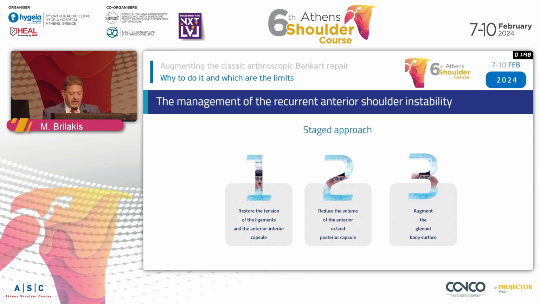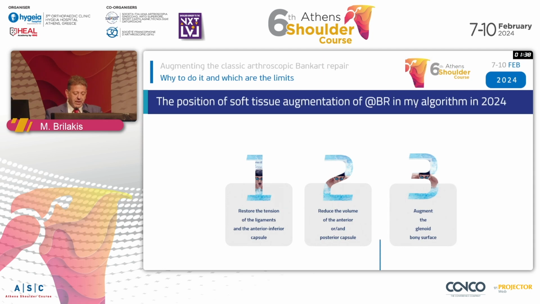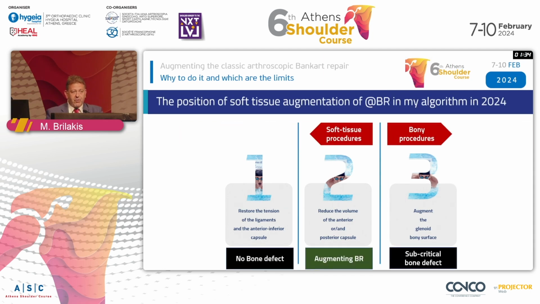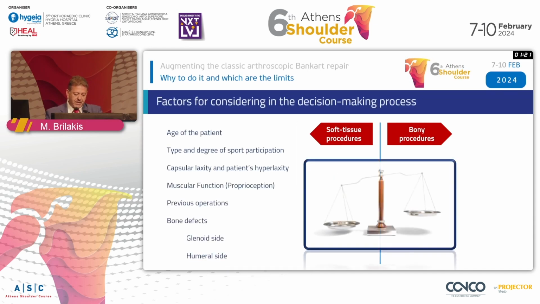So there is always a point where we should augment the glenoid bony surface and go for a bony procedure. And I think that the augmentation of the classic Bankart repair, this is the position for me, in my clinical practice, between no bone defect and the subcritical bone defect.